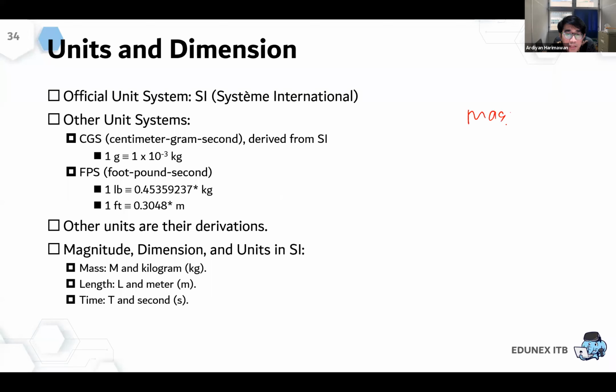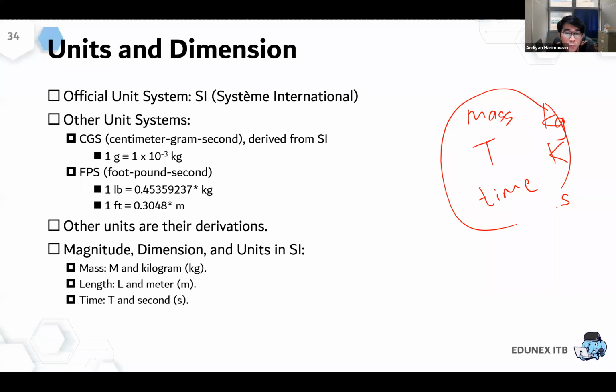Mass, and then temperature, and then time are some of the basic dimensions. So for the units and dimensions, we can use one is the standard unit, or we call it SI unit, the official unit system. So for the mass, it will be kilogram. For the temperature, it will be Kelvin. And for time, it will be second.